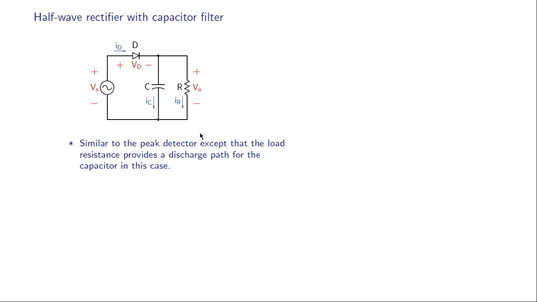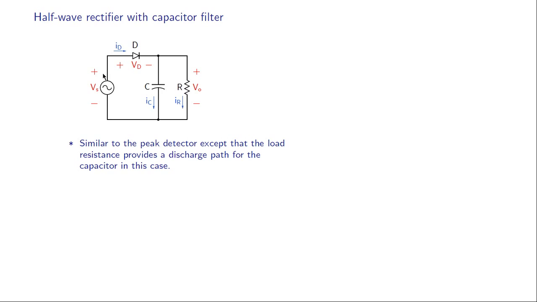Perhaps the easiest way of looking at the half-wave rectifier circuit with capacitor filter is to imagine that this resistance is infinite, and if that is the case, then the circuit is the same as the peak detector circuit. And then what's going to happen? The output voltage is then going to be equal to the peak of the input voltage.